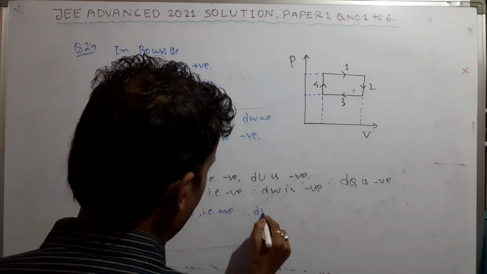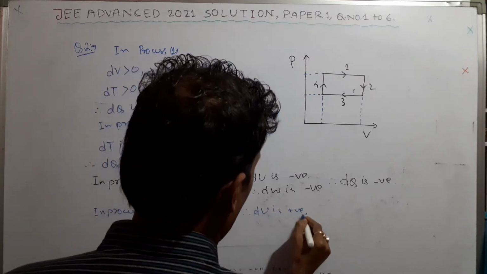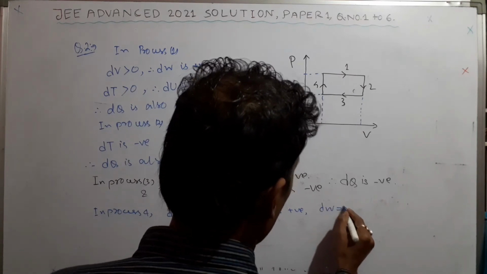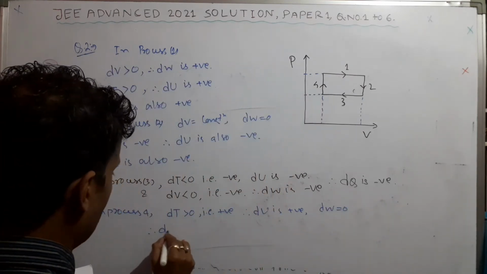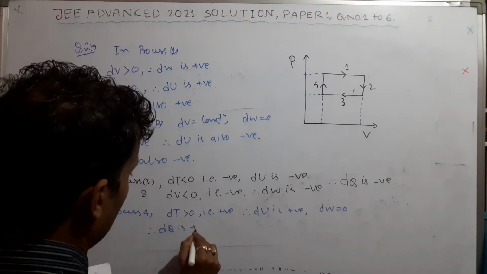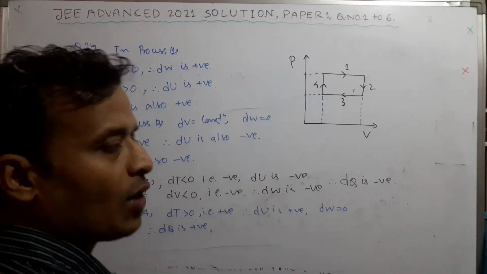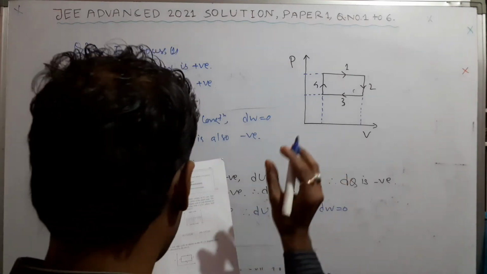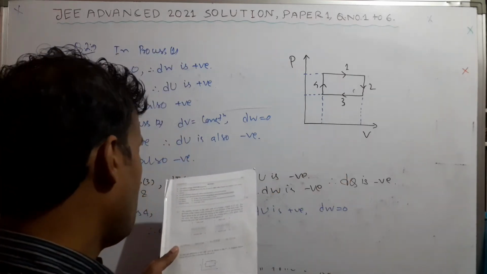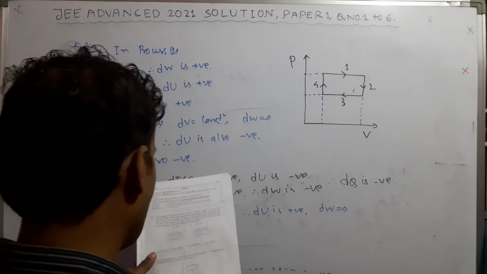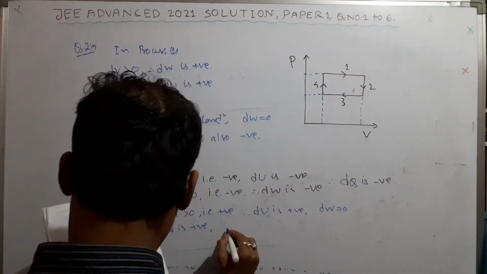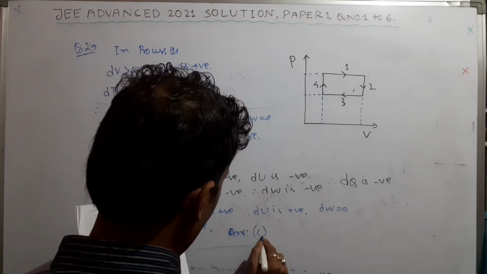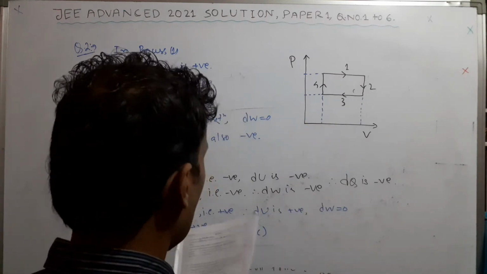That means dU is positive, and here V is constant, so dW is equal to 0. So according to first law of thermodynamics, dQ is positive. That means heat is given to the gas or absorbed by the gas. So your correct option, that in which of the two processes out of 4 the gas absorbed the heat, that means in process 1 and 4. So your correct option is C, that is in the process 1 and 4.